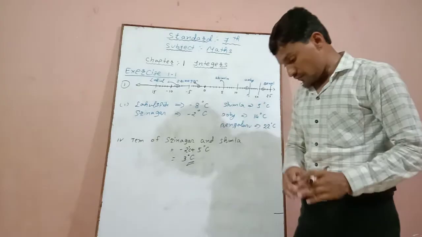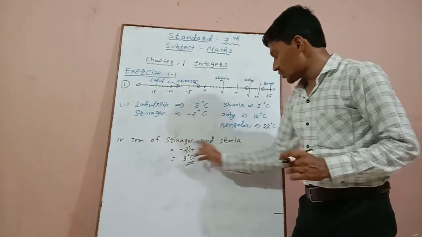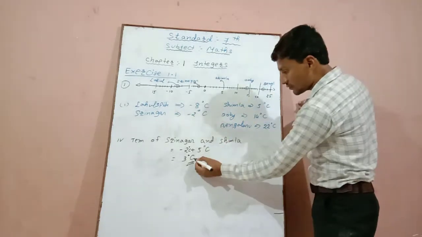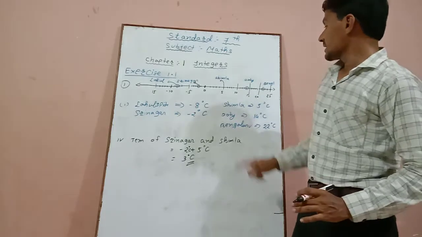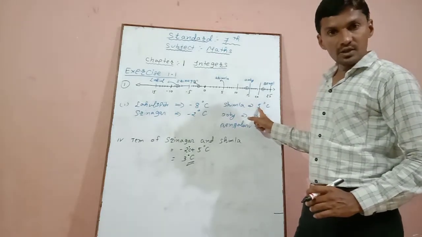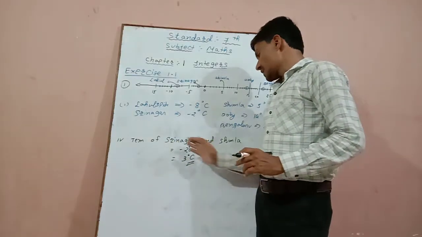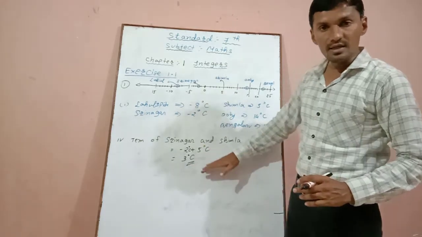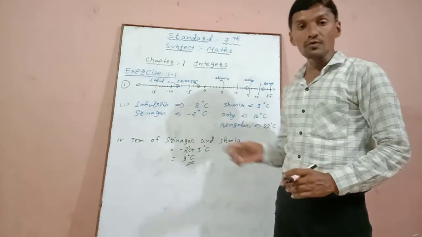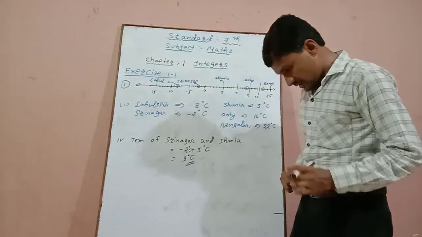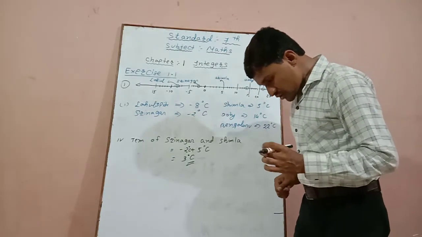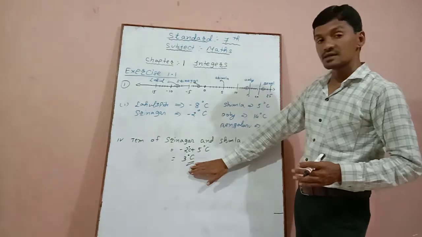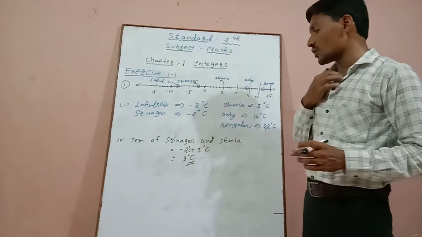Okay. Now the first question is, is the temperature of both cities less than the temperature of Shimla? That means the answer of both of these is 3 degree Celsius, and the temperature of Shimla is 5 degree. So we can say yes, the temperature of Srinagar and Shimla together is less than the temperature of Shimla. Okay, now again, is it also less than the temperature at Srinagar? Again we have to compare. Is this answer less than Srinagar or not?